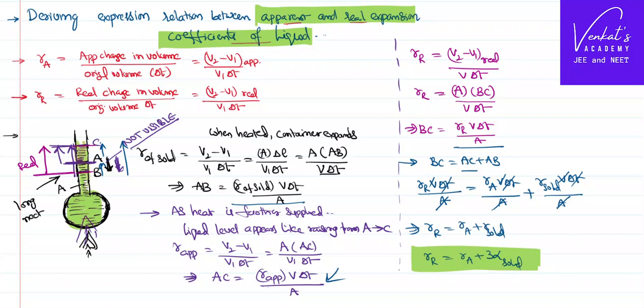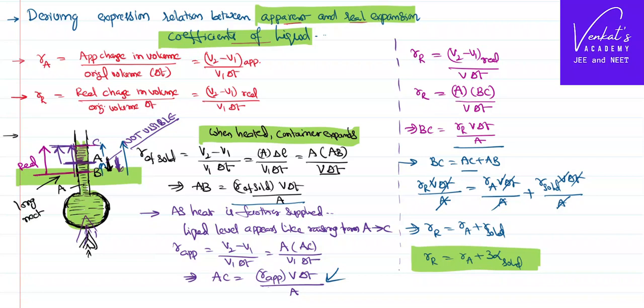Without a container, you cannot heat up. And when you supply the heat, first the container expands, which is not visible to you. So the liquid level appears like rising from the original level to a higher level, but it's actually rising from the lowered level. That's the relation between apparent and real expansion coefficients.